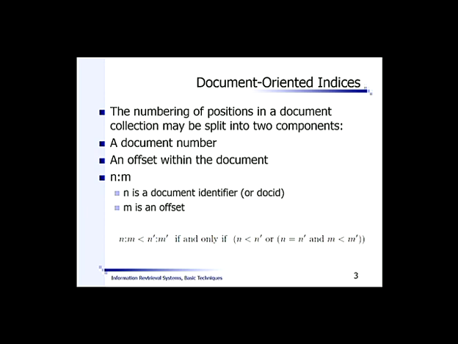Now, any document oriented index can have two components. One, the document number in which the term appears, and second, an offset within the document. What do I mean?